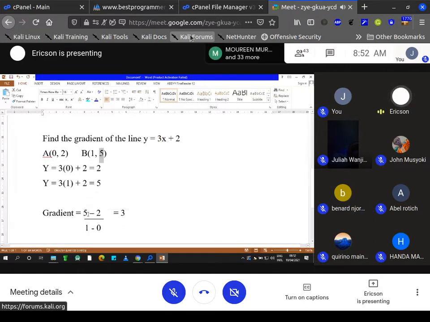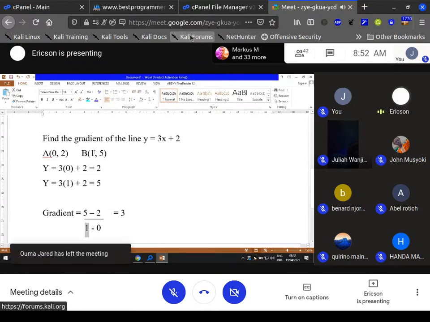The 5 here should come first. Here, the 1 should be here. Don't go and say 2 minus 5 for the change in y.